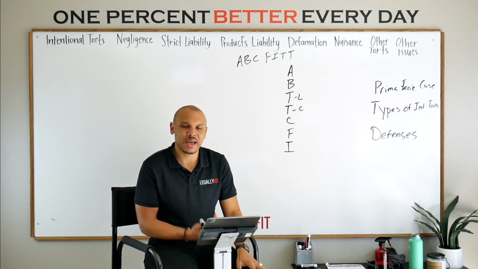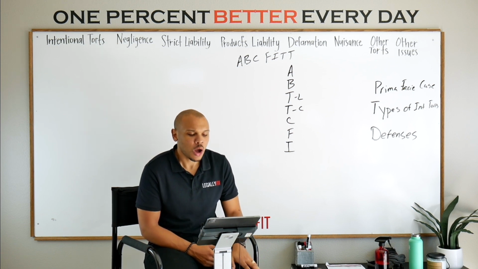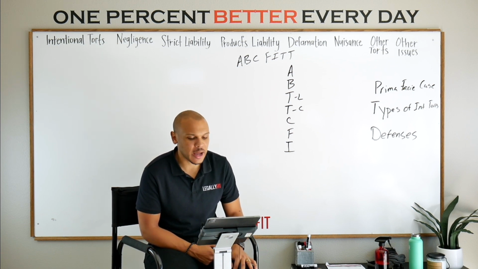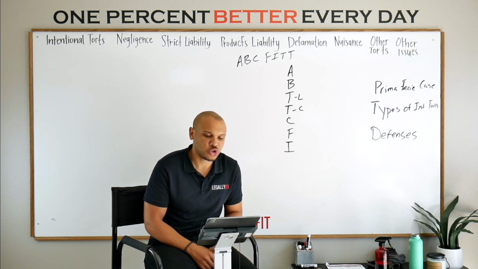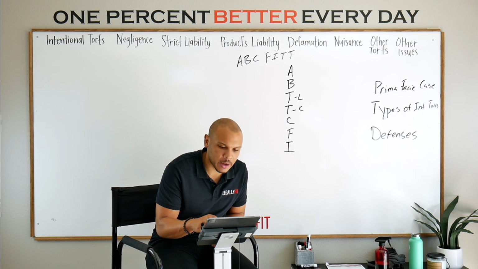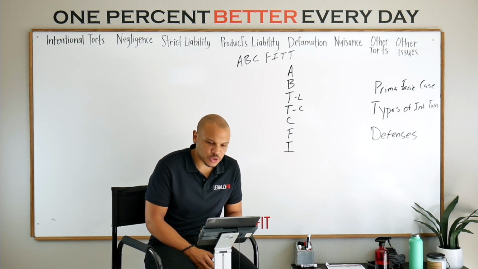That's still going to satisfy this element. It's closely connected. Assault and battery, peanut butter and jelly topics. You guys should know this at this point of your law school journey. Pretty straightforward stuff. Again, you'll be doing more hypos later. All right, let's move on to the next one.